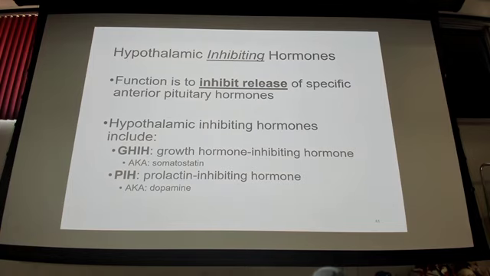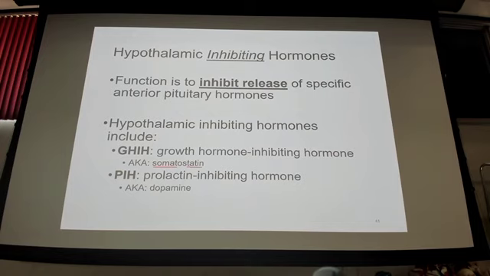Now, inhibiting hormones. Growth hormone inhibiting hormone. Here come our secondary names. What does somato refer to? The body in general, right? And statin, stopping, if you want to think about it that way.